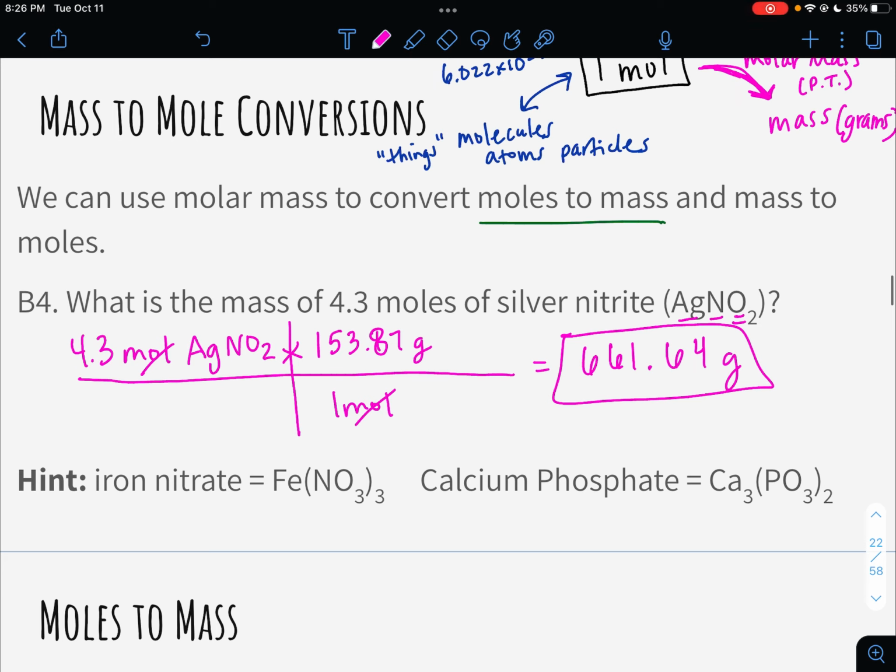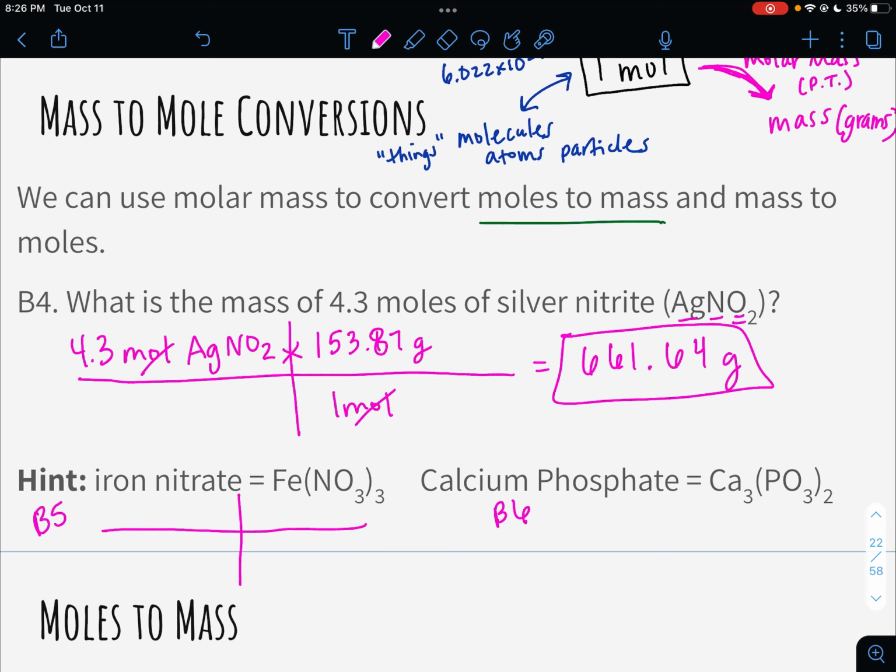What you're going to do is you have two other questions, B5 and B6. B5 is asking you to convert moles to mass for iron nitrate. Remember, we already found the molar mass for iron nitrate in question number B2. So you're going to set up your train tracks the same way that we just did.